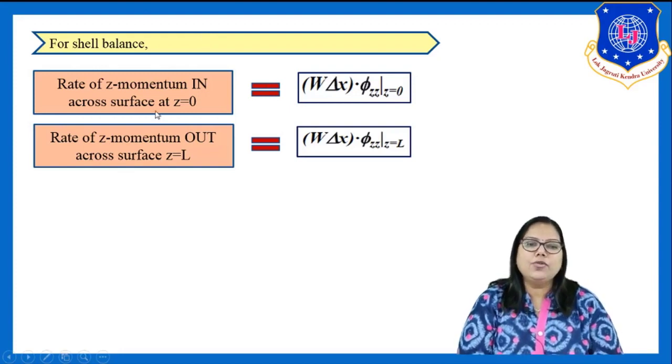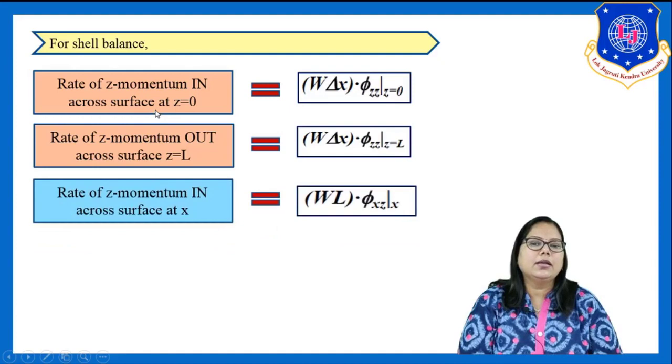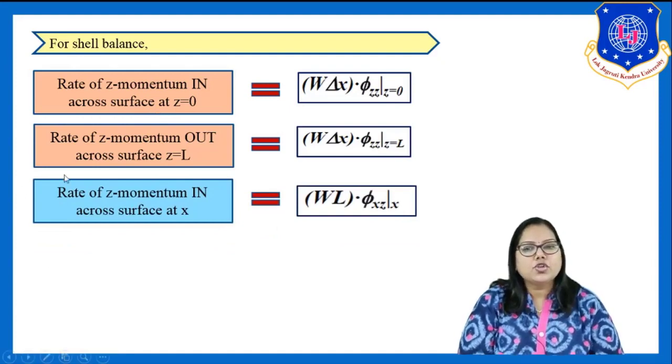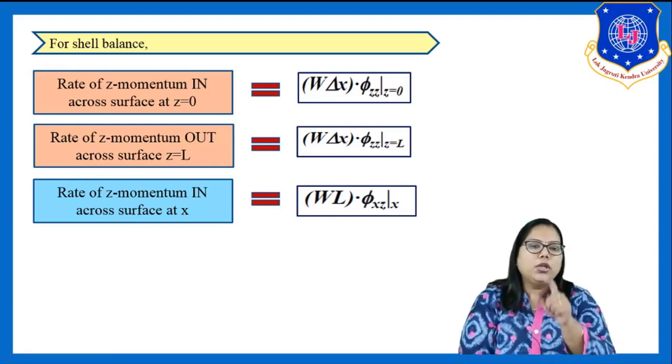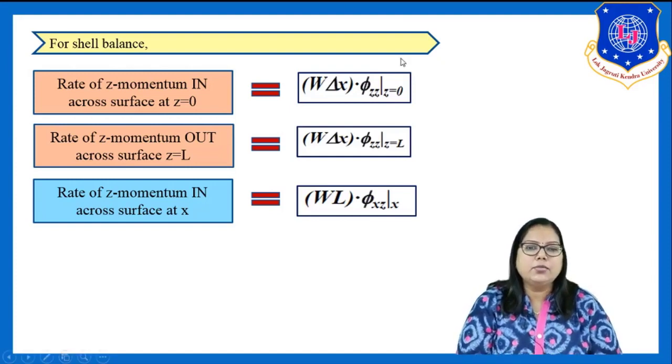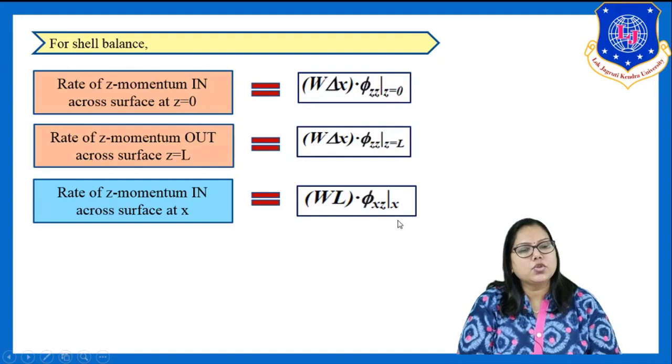Fine. Now we are looking for the z momentum in the x direction. So rate of z momentum in across surface at x. Now if we are looking in the x direction, the area of the plate will be W into L, and the flux will be phi xz at x equals 0.